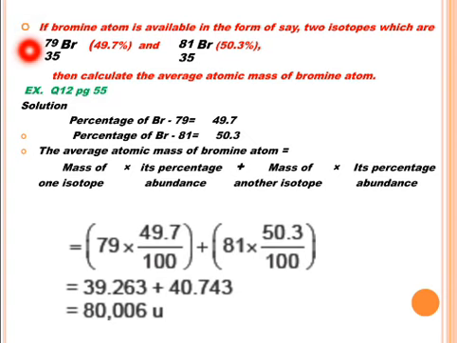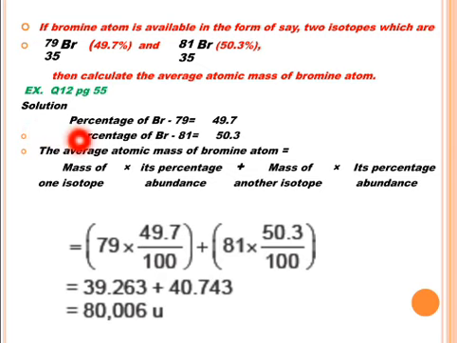If the bromine atom is available in the form of two isotopes, which are bromine 79 with its percentage in nature 49.7% and bromine 81 with its percentage in nature 50.3%, then calculate the average atomic mass of bromine atom. So let us find out the solution of this numerical.